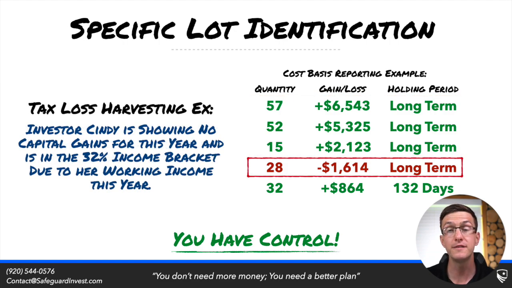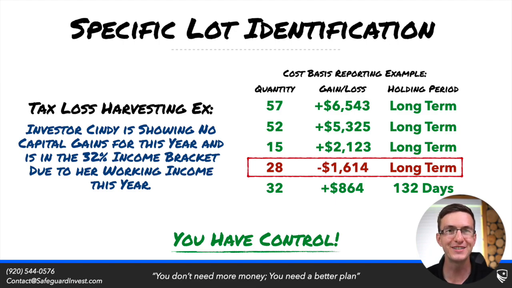Another example would be if somebody wanted to do some tax loss harvesting, as we described before. Investor Cindy is showing no capital gains for the year, and is currently working and in the 32% income bracket because of her working income. Through her given tax lots, we see that she has one long-term capital loss. This would be the only investment that she ultimately wants to sell, because if she sells any other investments at a gain, they'll start eating into that loss.